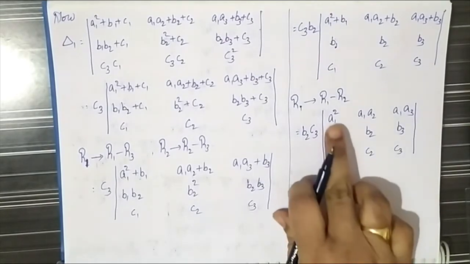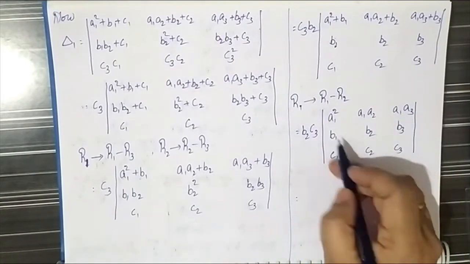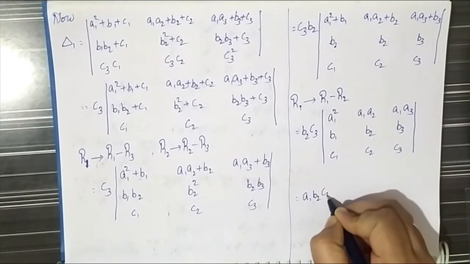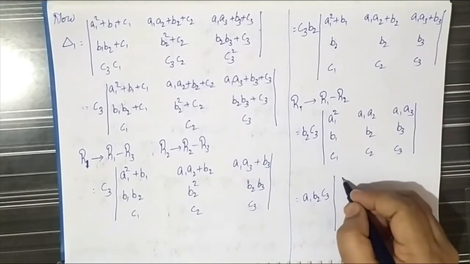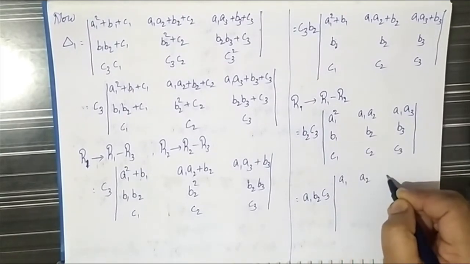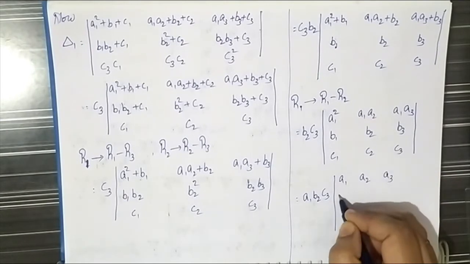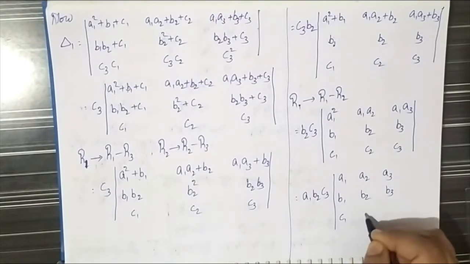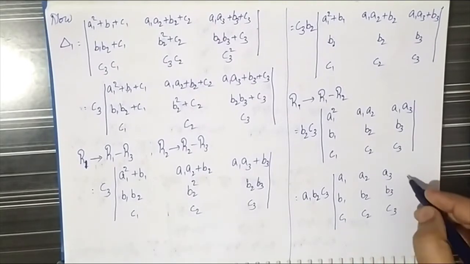That is equal to, in the first row we have to take A1 common, then A1 B2 C3 into determinant A1 A2 A3, B1 B2 B3 and C1 C2 C3.